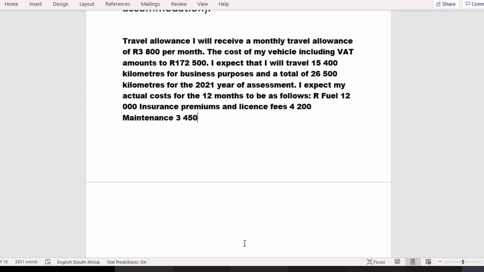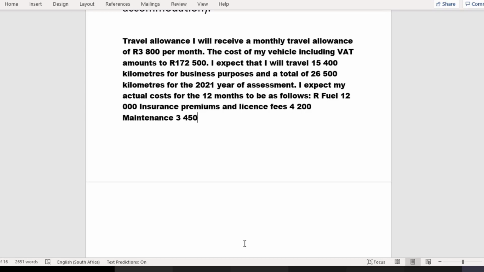Okay, so in this kind of question, when you're given the travel allowance, the first thing that you must identify is the kilometers, because you're always going to be given two types of kilometers for you to determine the third one. They can give you the private kilometers, they can give you the business kilometers, and leave out the total kilometers being given. So meaning that you need to determine, it's kind of like maths.